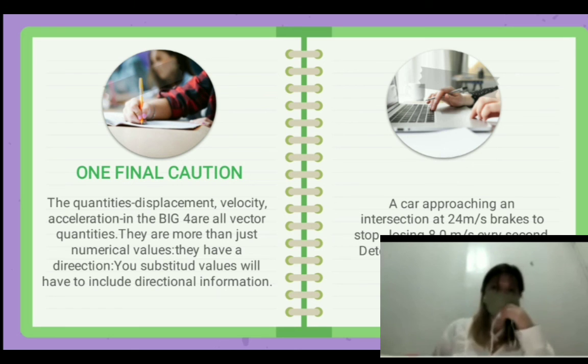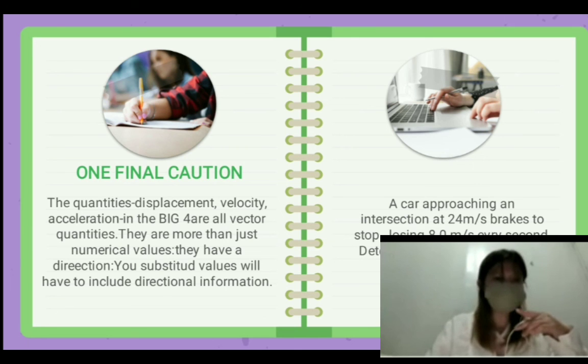And that's how you use this strategy to solve a kinematic problem. Now there is one final caution that I'd like to give you. In this equation, we see displacement, velocity, and acceleration. All three of these quantities are vector quantities, and just like any vector quantity, they are more than just a number.